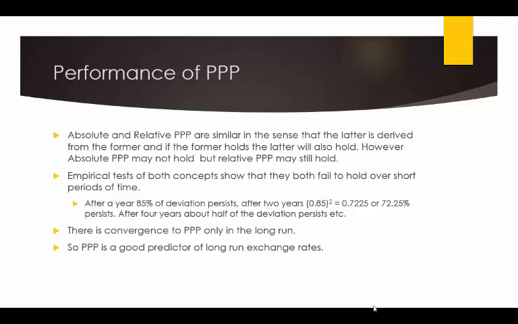After 2 years, 72.25% still remains. And only after 4 years do we have about 50% of the deviation remaining. In other words, the theoretical PPP construct only works in the long run where convergence is finally observed.